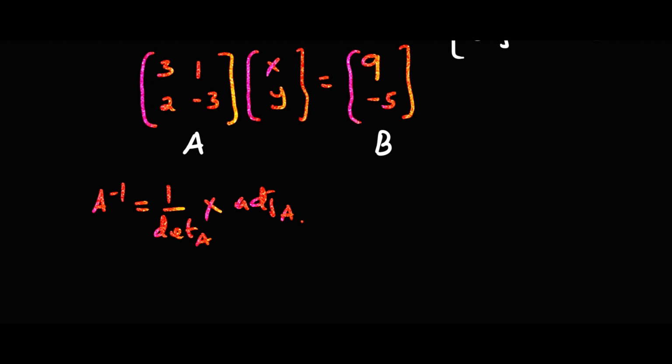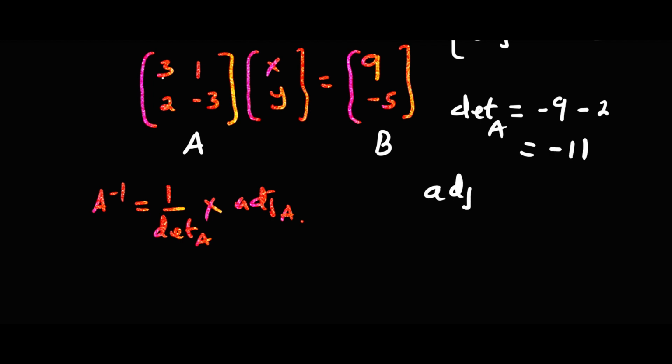So the determinant of A will be given by the product of the main diagonal, that is 3 times negative 3, which is negative 9, minus the other diagonal, 1 times 2, which is just 2. And you will find that to be equal to minus 11. That is the determinant.